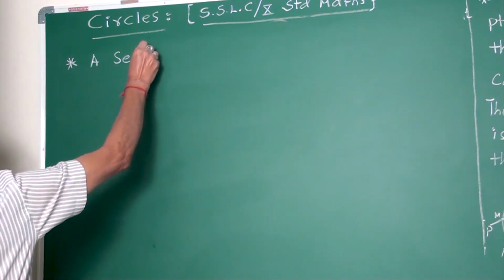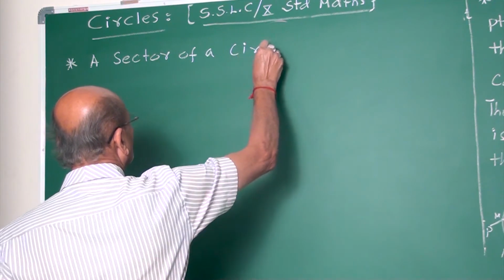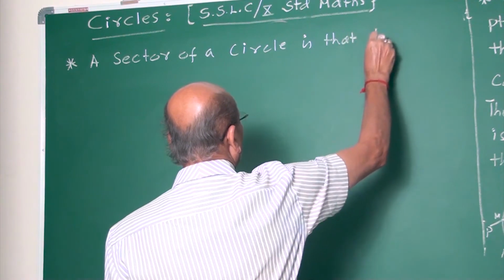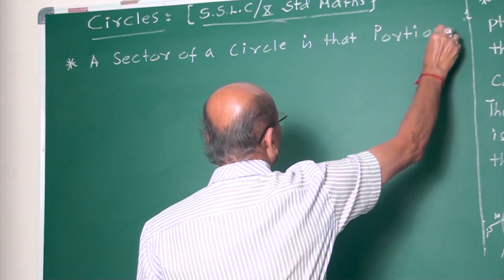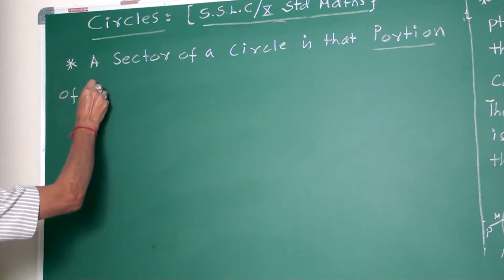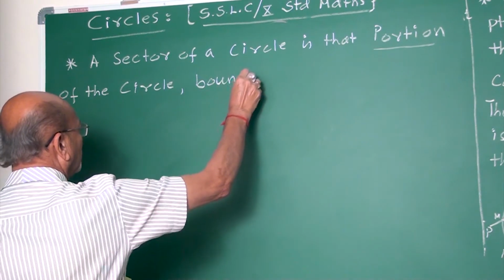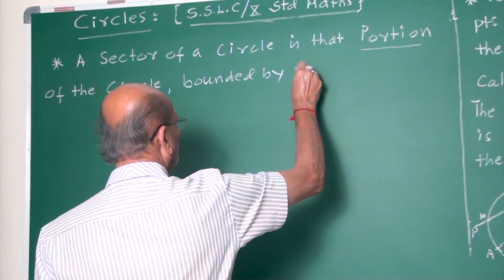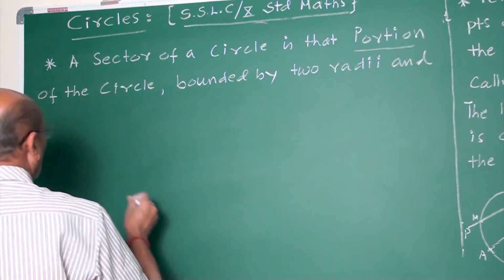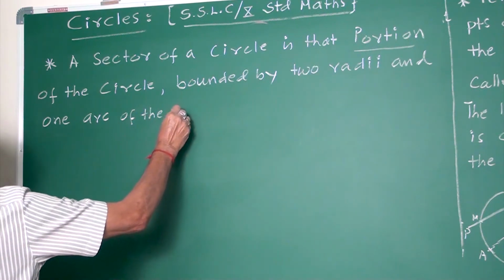A sector of a circle is that portion of the circle bounded by two radii and one arc of the circle.